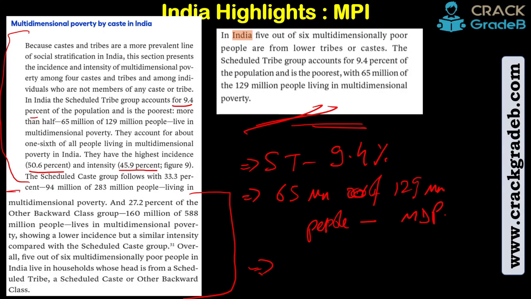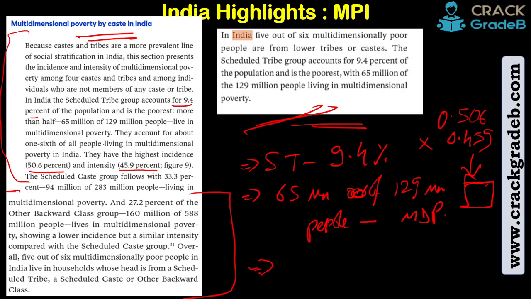Okay, so if you multiply it, you get the MPI score. Okay, so if you multiply 0.506 multiplied by 0.459, whatever the result will come would be the MPI score for the multidimensional poverty by caste in India.